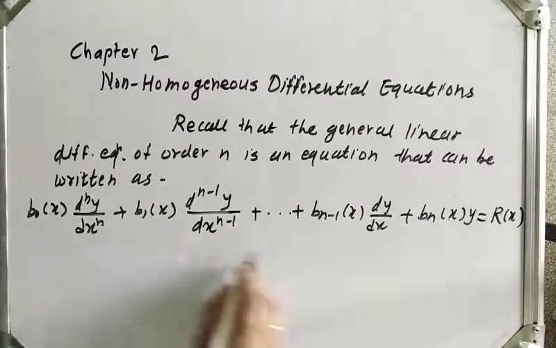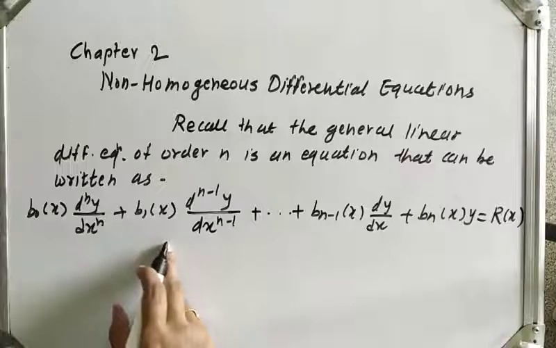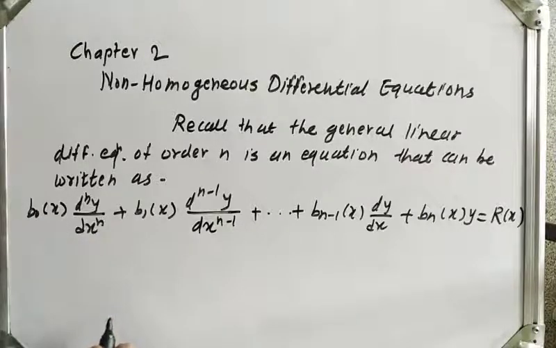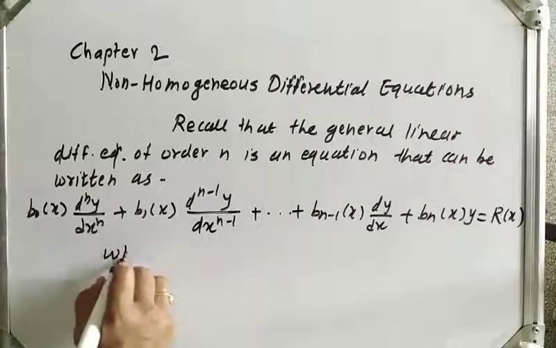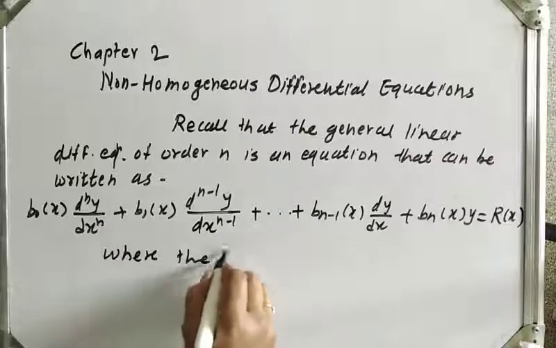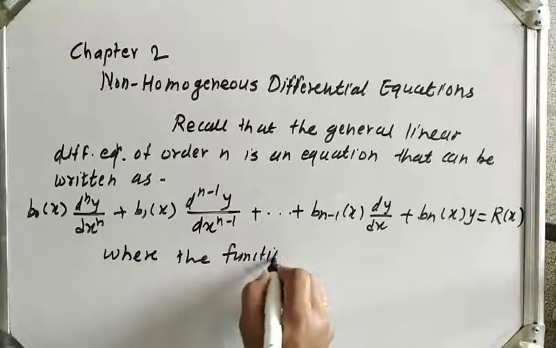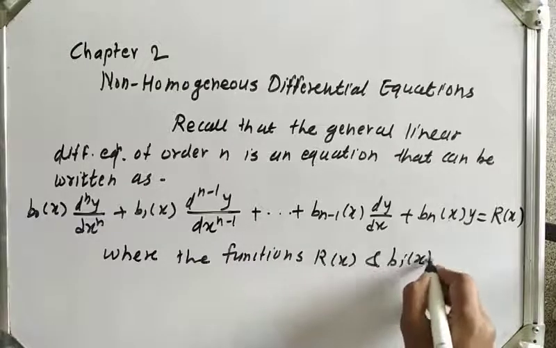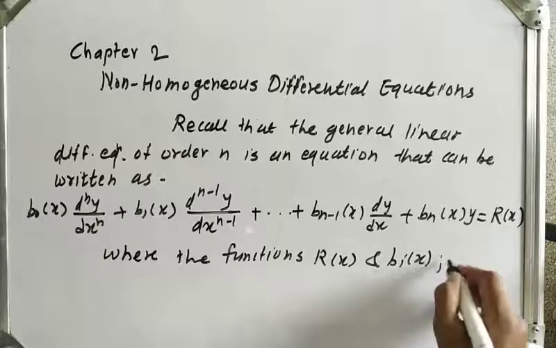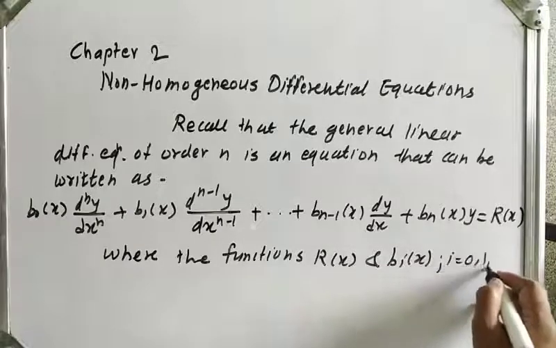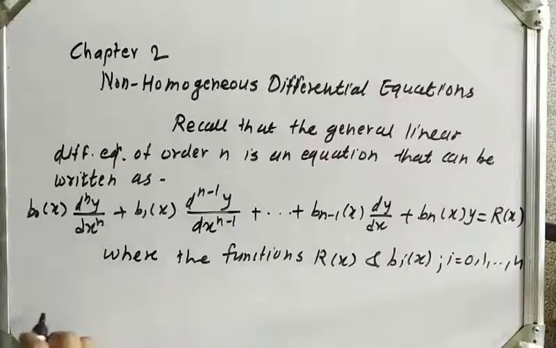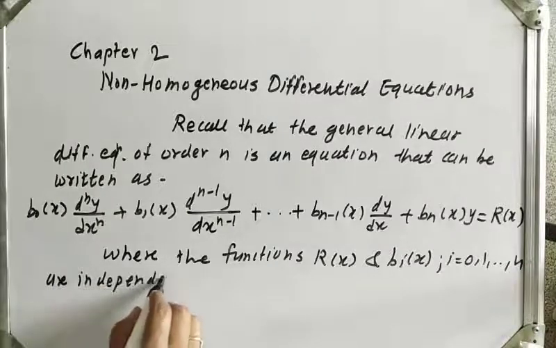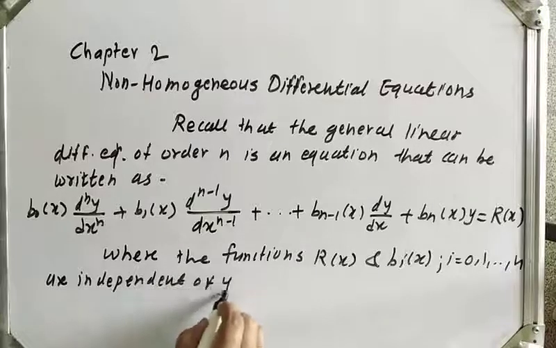Now here r(x), b1(x), b2(x), b0(x) all are functions of x and independent of y. So we will write, where the functions r(x) and bi(x), where i varies from 0, 1 up to n, are independent of y.